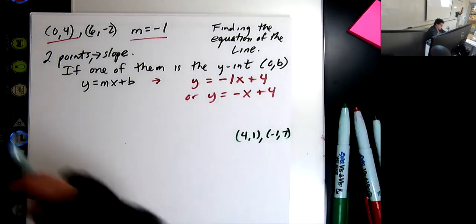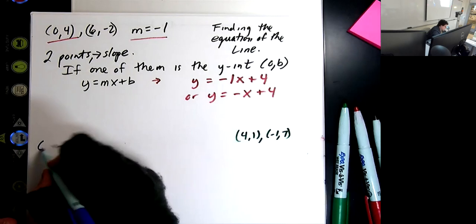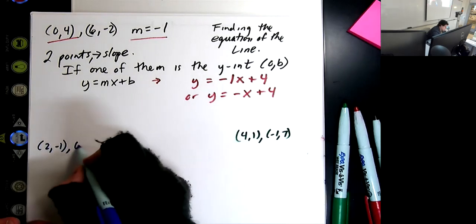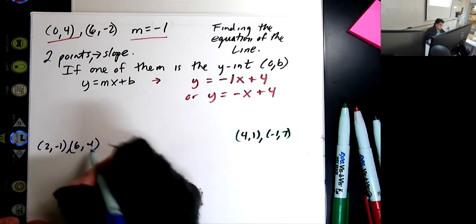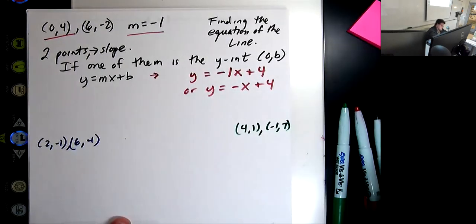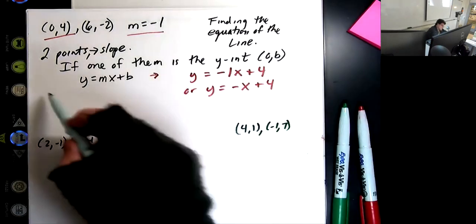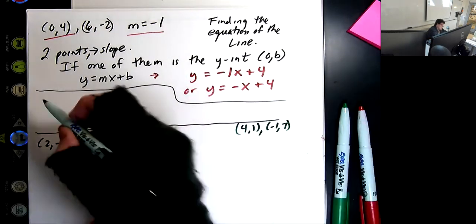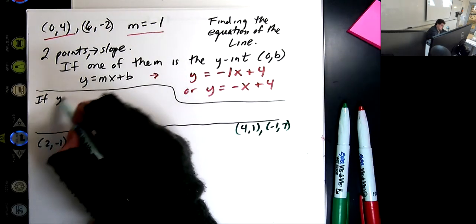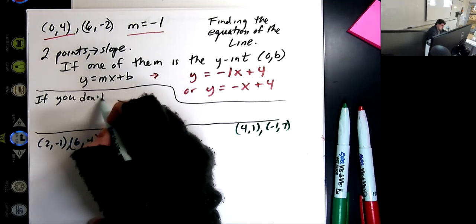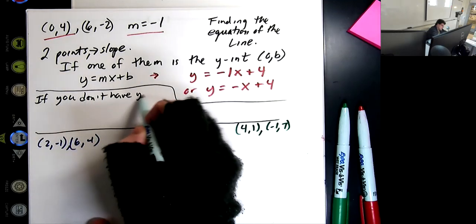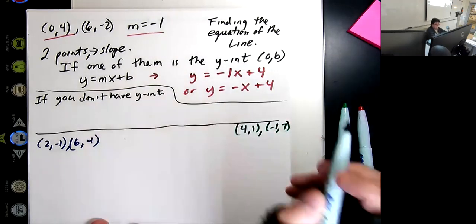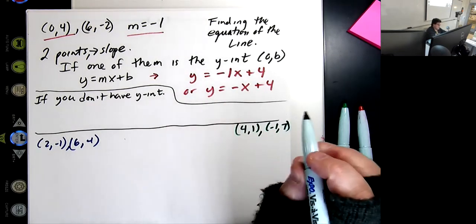Writing out the other points we had. If you don't have the y-intercept, there's an equation we can use.